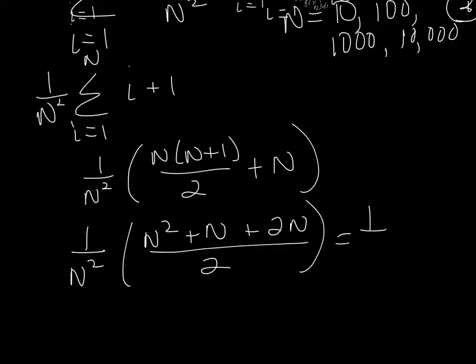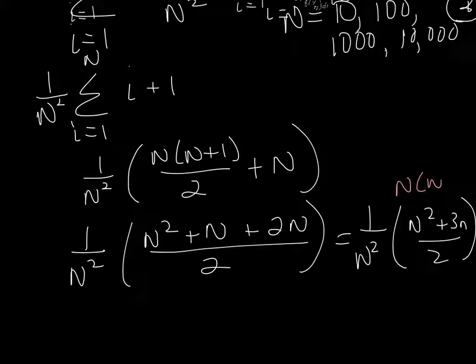Equals 1 over n squared times n squared plus 3n over 2. And I can simplify that. If I factor out an n, then that cancels with one of those. So we get 1 over n times n plus 3 over 2.